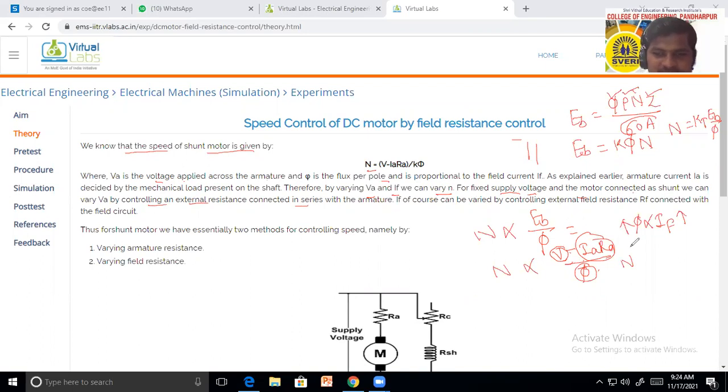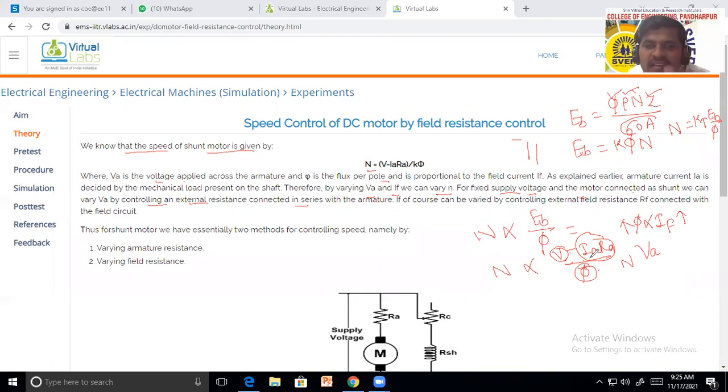So Va is nothing but the armature voltage, so we can represent it in the form of Eb also. Now this Eb or this Va can be controlled by connecting a resistance in series with the armature. So this method is called armature control.